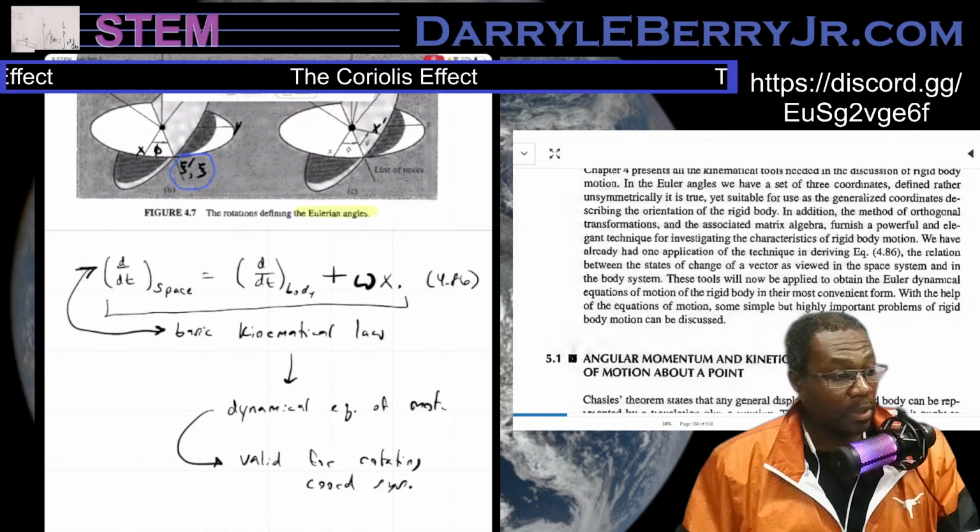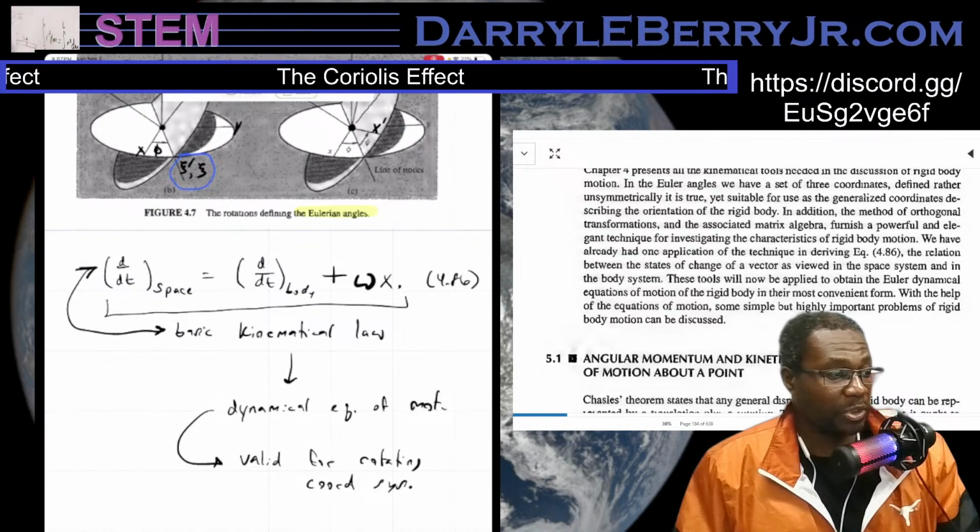The basic kinematical law, the relation between the rates of change of a vector as viewed in the space system and the body system.